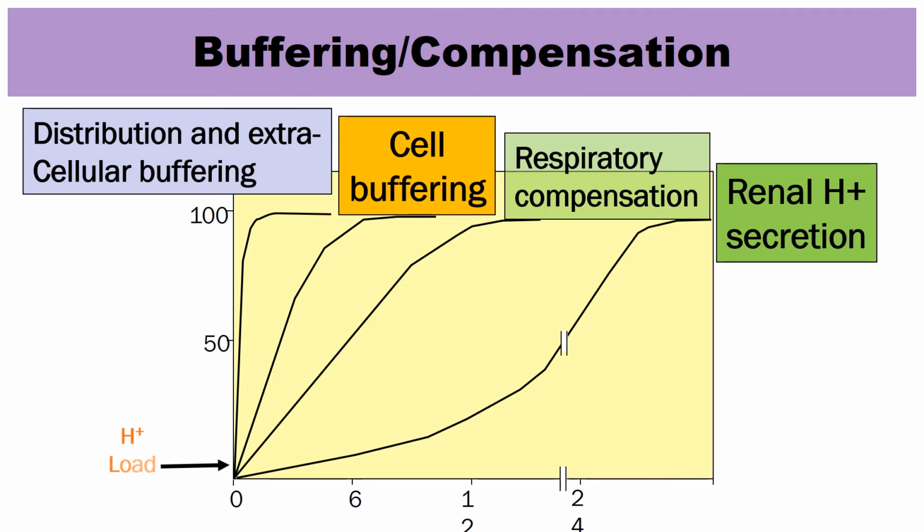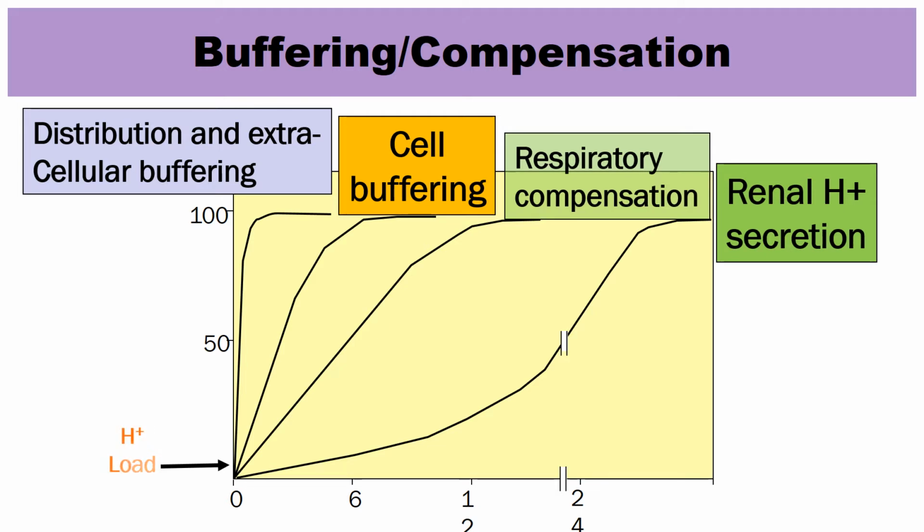So if there are only, say, about 5 extra hydrogen ions in the body, those will be very easily accommodated. But as you keep infusing hydrogen, the hydrogen is going to move into the cell. For every hydrogen that moves into the cell, a potassium comes out to maintain electroneutrality, and that's the reason why you develop hyperkalemia with acute acidosis.